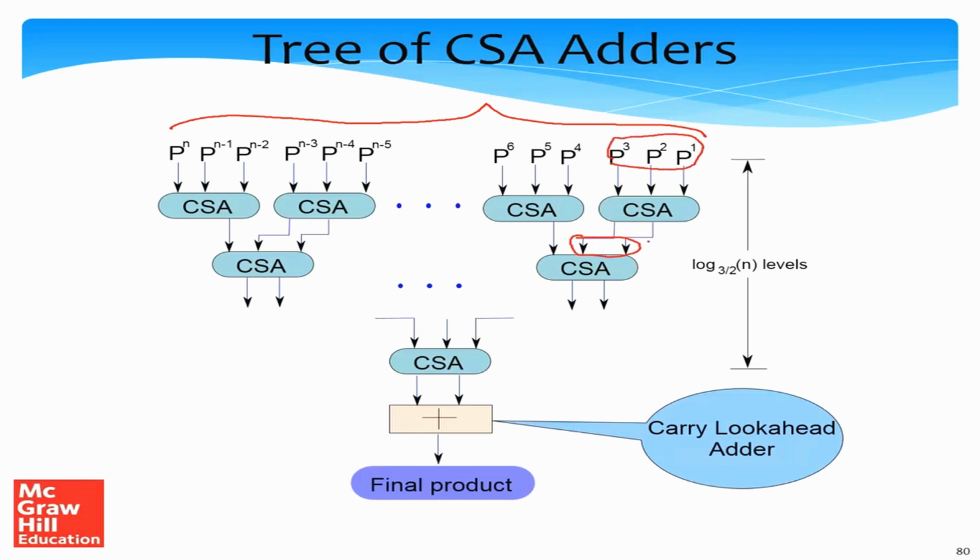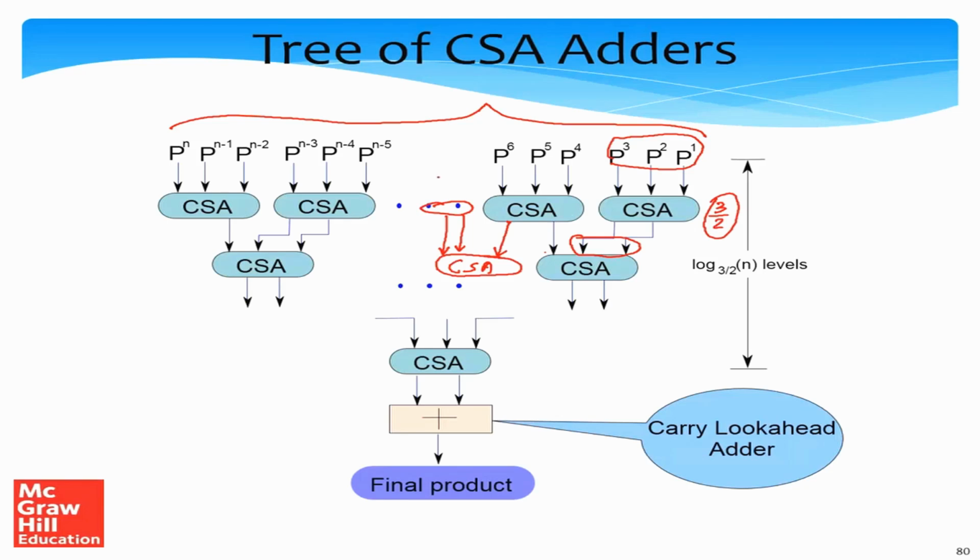So this adder produces 2 outputs, and then one output is sent to another carry save adder, which takes 2 outputs from here and the 2 outputs from the next CSA. So basically each carry save adder here is decreasing the number of inputs by a factor of 3 by 2, right? So if there are 3x inputs here, there are 2x inputs in the next level.